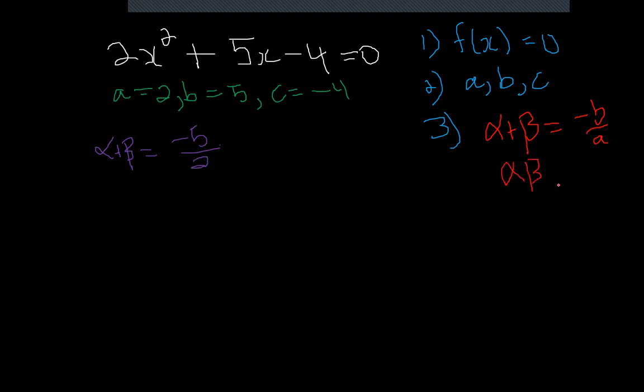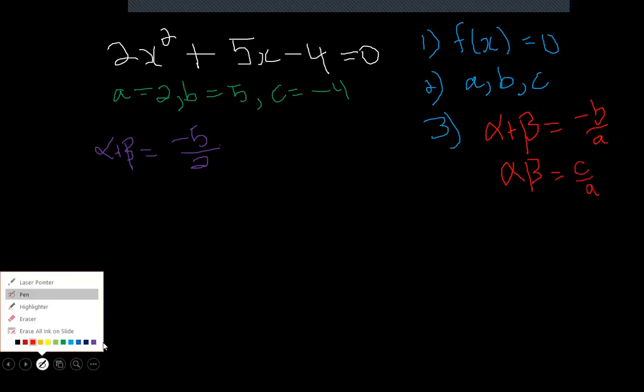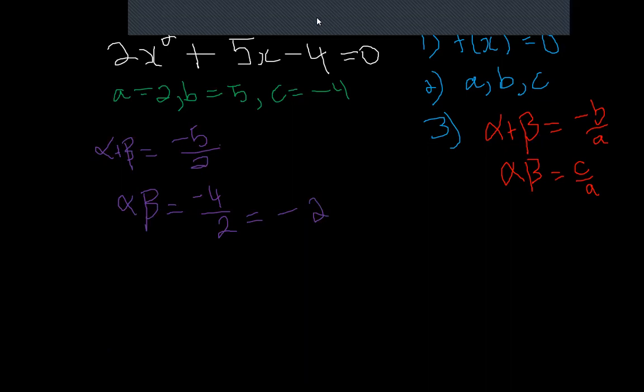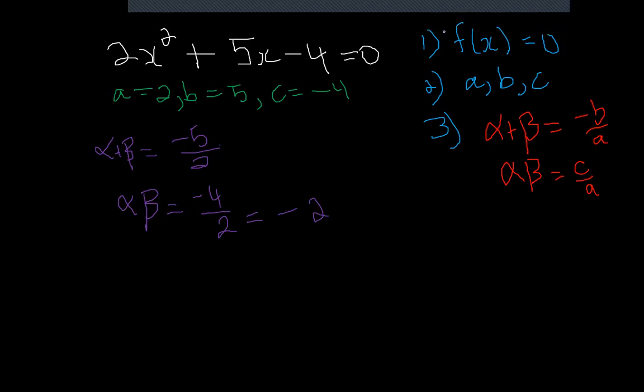Alpha beta is equal to c over a. What would I write in this case? Minus negative 4, 4 over 2, which is equal to? Minus 2. Nice, and that's the answer. 3 marks there already. Everybody understands? Yes, miss. Nice, nice. Let's do another one.